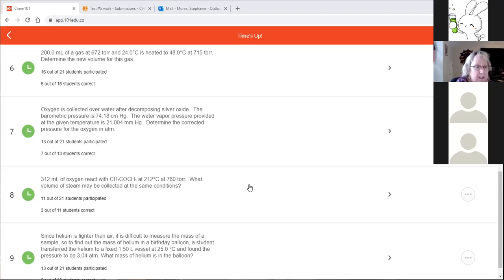That's called combustion, and we're forming CO2 and water. So you balance, and I give you the volume is 312 milliliters of oxygen. And I'm simply wanting to know the volume of steam.